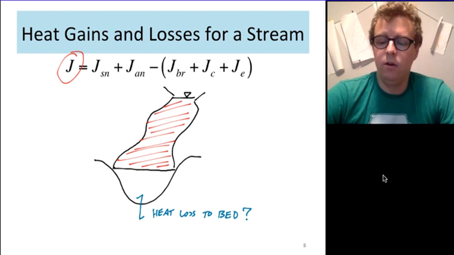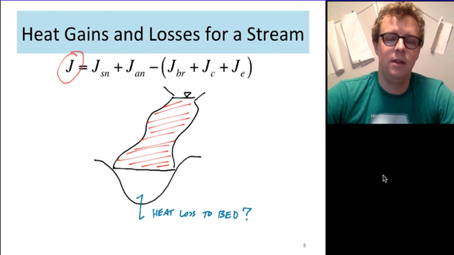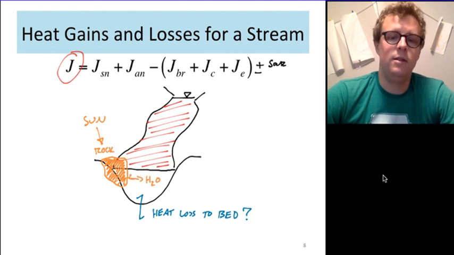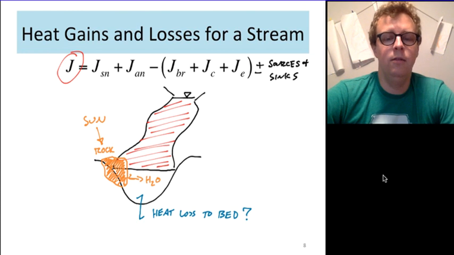One of the more interesting cases that I'm aware of, and I'll share a paper in our class files with you all from a gentleman named Martijn Westerhoff. Martijn was working in a very small stream that had a lot of large rocks that protrude out of the water. And in his stream, he couldn't get this balance to close without accounting for conduction of heat from the sun to the rocks, let them heat up during the day, and then they slowly cool down overnight and transfer their heat back to the water.